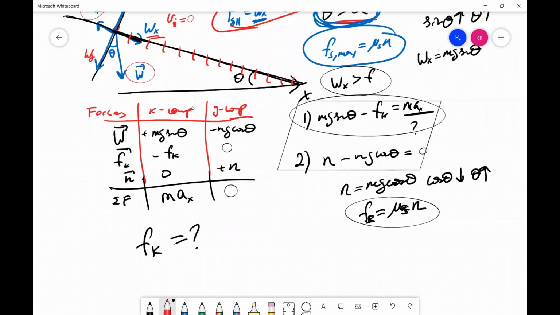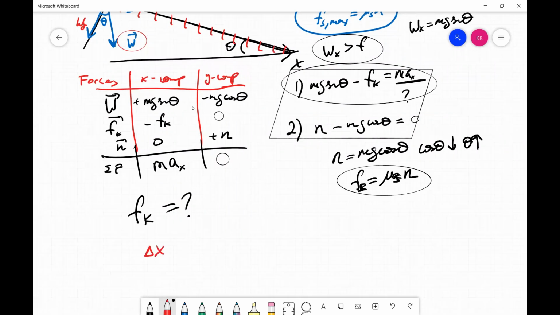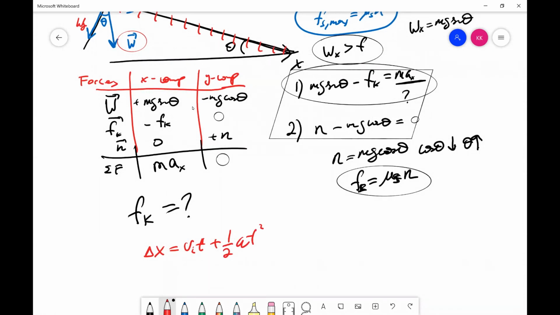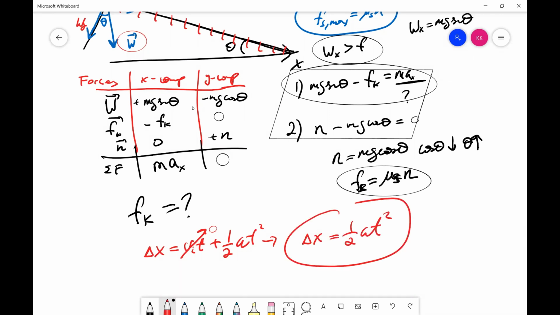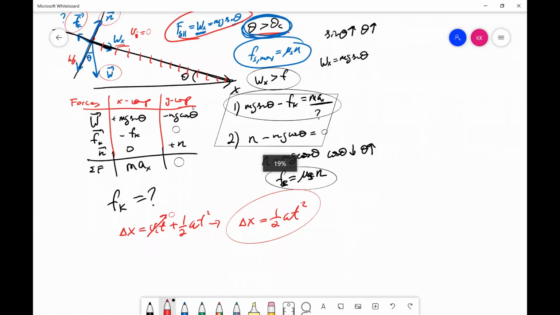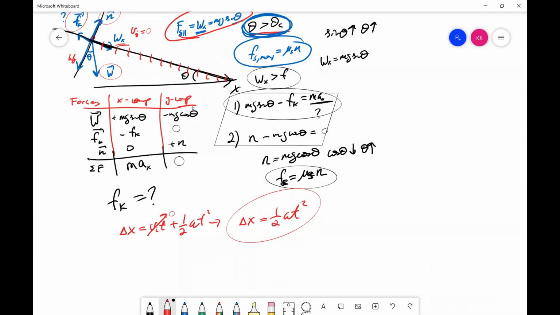Then delta x equals v initial times time plus 1/2 a t squared. Since initial velocity is 0, we have just delta x equals 1/2 a t squared. That was our first pivot lab. That means for any object sliding down an incline, I can measure the position as a function of time. Then how can I use that information to find acceleration?